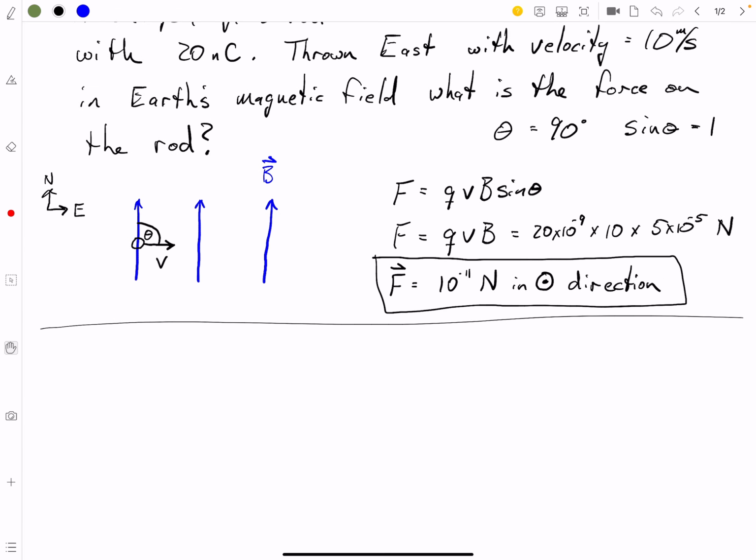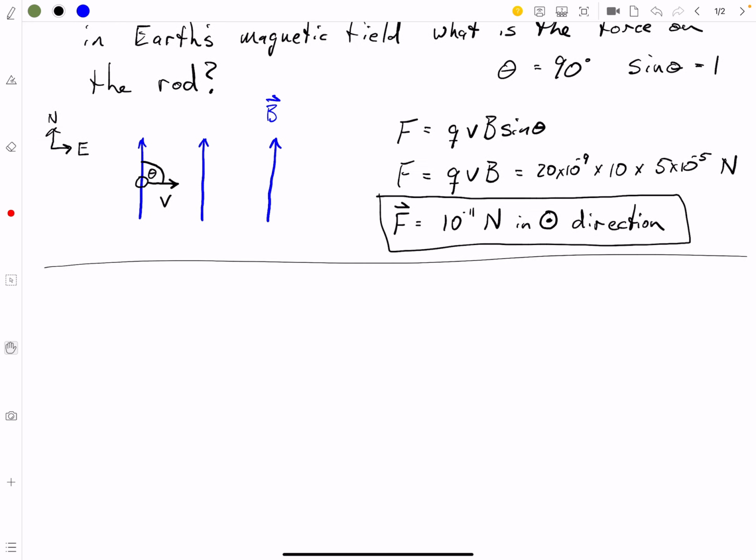What about, what's the equivalent mass of the object held up by that magnetic force in the air? What do I mean by that? Let's say we do this whole thing.